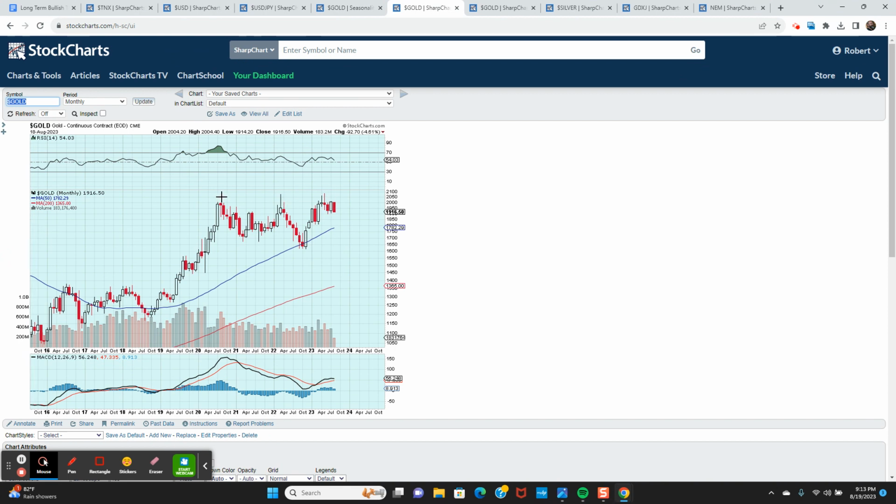So August 2020 could not close above $2,000 an ounce. Early 2022, I think this was March 2022, could not close above $2,000 an ounce. And then April, May of this year could not close above $2,000 an ounce, right? And actually, each time the high was around 2,080. Okay. So that is definitely a potential triple top.